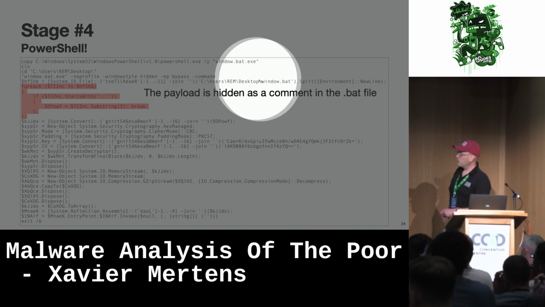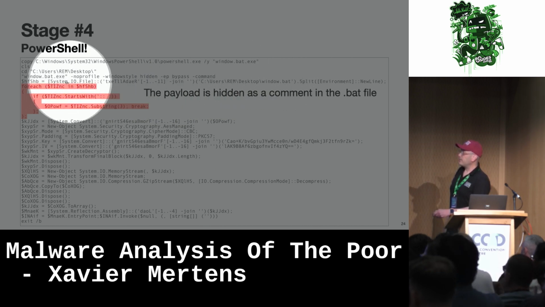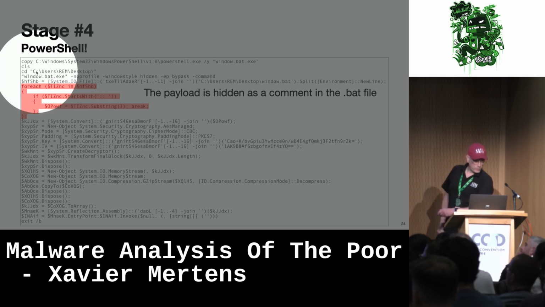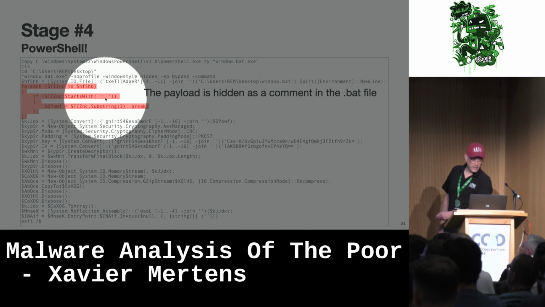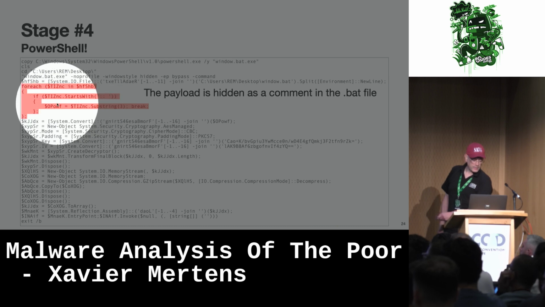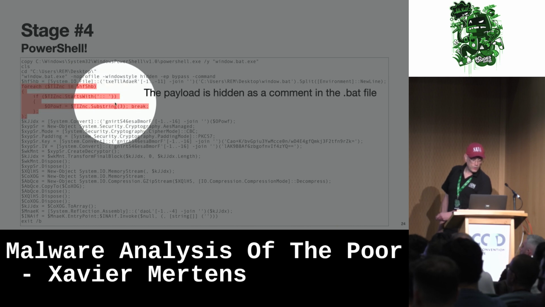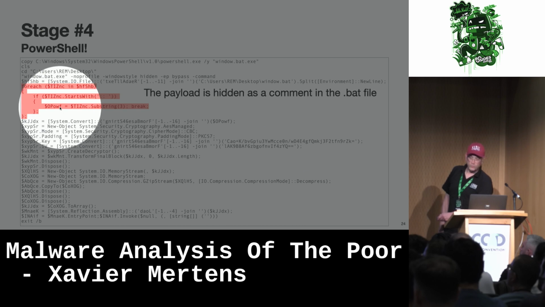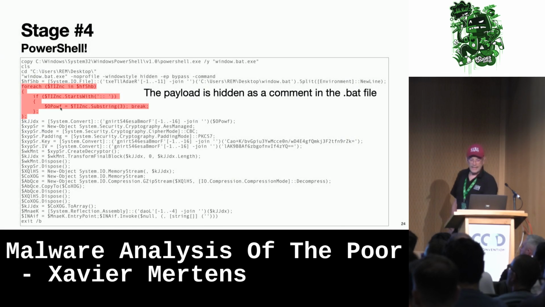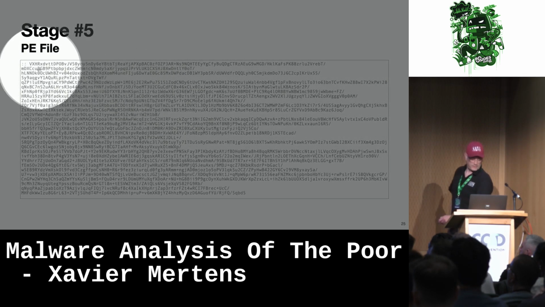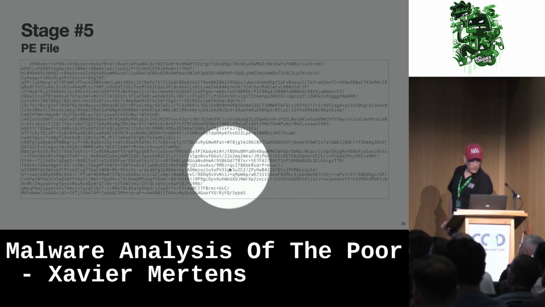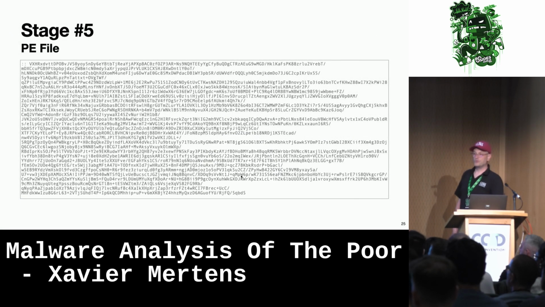With window.bat, we read all the text inside a variable, and then for each line of this file, we check if the line starts with colon colon space. If the line starts with colon colon space, we read the line, we remove the colon colon space, and we add it to this variable. So basically, the payload is encoded in the string. And that's what you have. You have the colon colon space, and all the rest, this is a very long line which contains the payload. So the payload is inside the file.